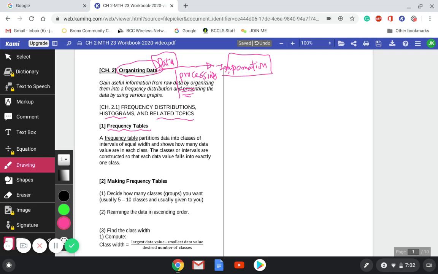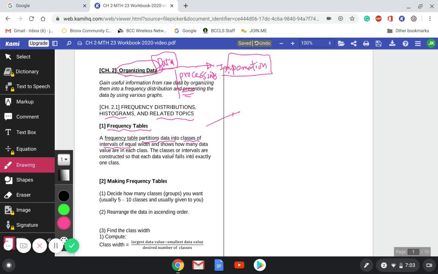A frequency table is partitioning the data into classes of intervals of equal width and showing how many data values are in each class, each group. The classes or intervals are constructed so that each data value falls into exactly one class, one group.